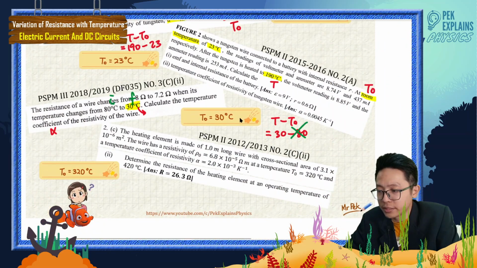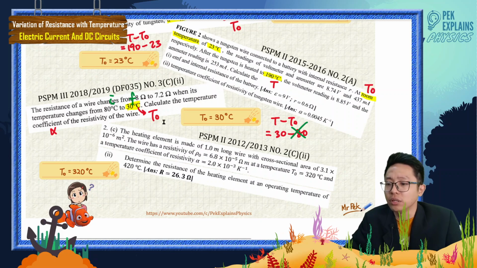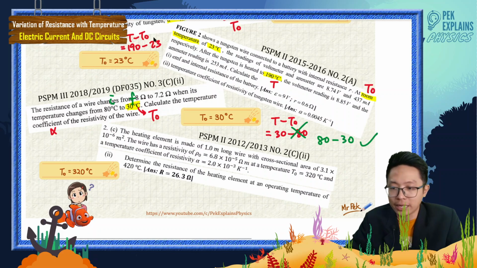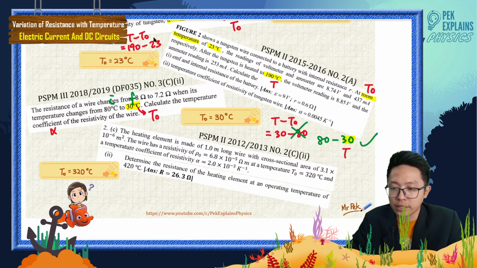So our 30 degrees Celsius is the T naught. Our final temperature is the T naught. So you use 30 minus 80? Wrong. The correct one should be 80 minus 30. Again, I want to say that our 30 degrees Celsius is the T naught, room temperature.